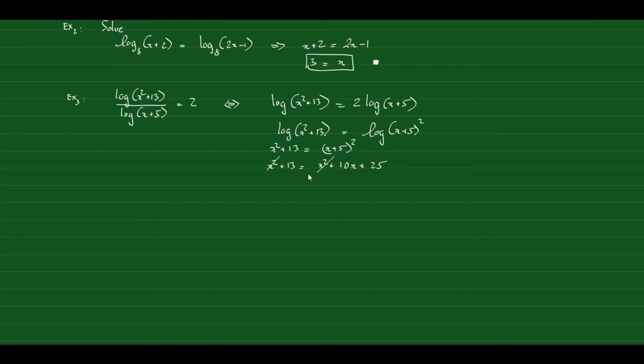So you cancel this, and what you have left is 10x equal to 13 minus 25, which is negative 12. And x equal to negative 12 over 10, which is negative 6 over 5 as the final answer.